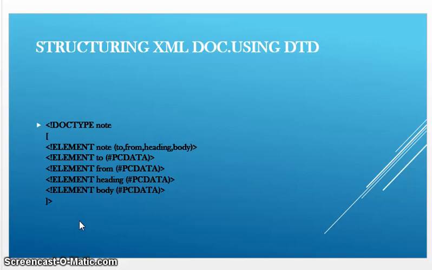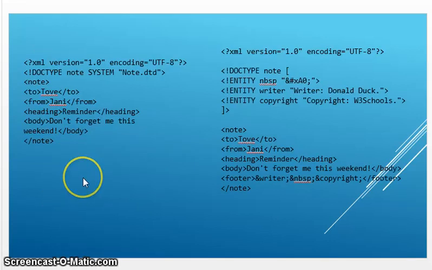The purpose of a document type definition is to define the structure and the legal elements and attributes of an XML document. Here we are seeing a sample XML program, which is encoded in document type definition form.